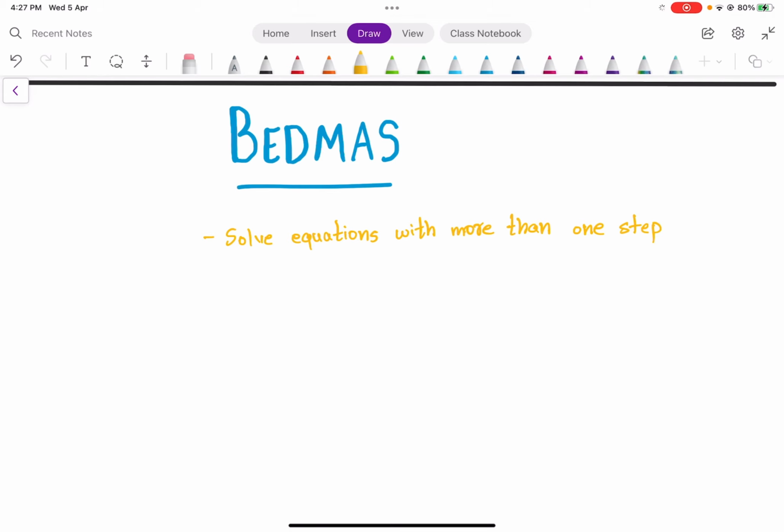So each letter in BEDMAS stands for a different word. So let's talk about it. So the B in BEDMAS stands for brackets. The E stands for exponents.